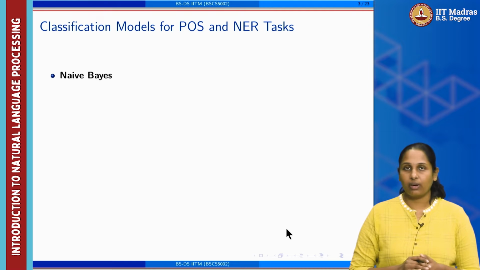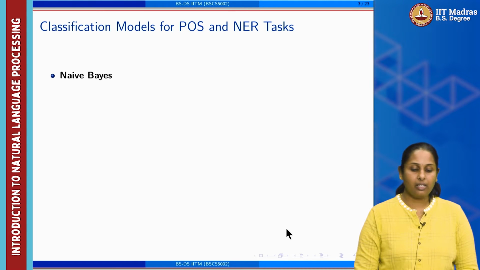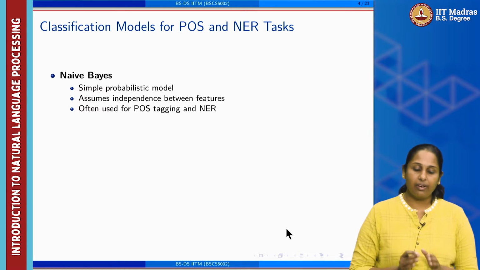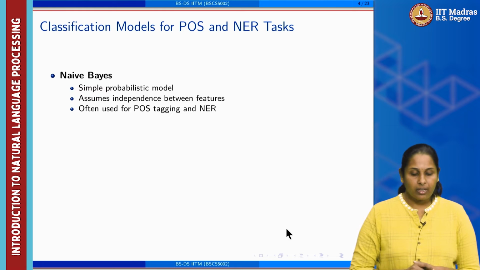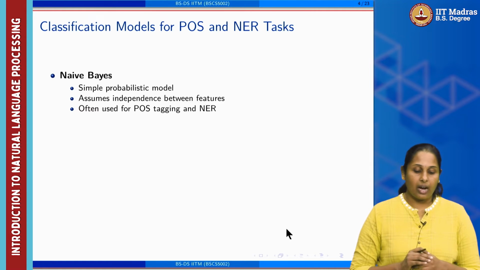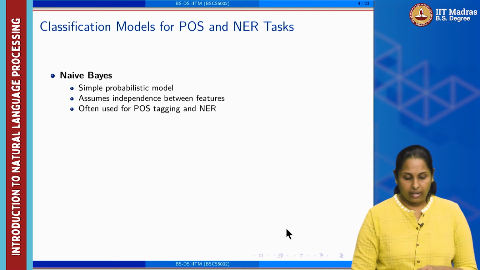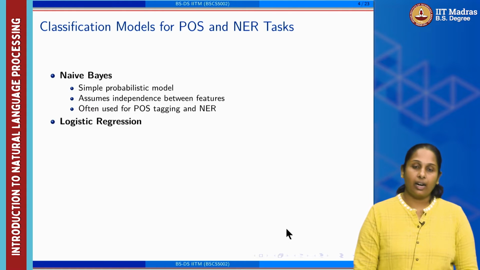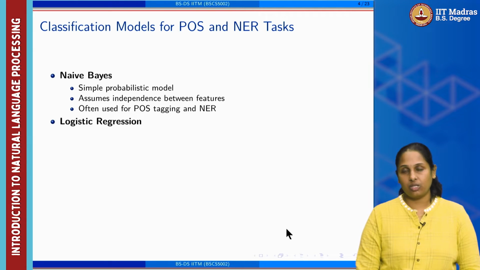In this section, we are going to see three important things. One is naive Bayes. It is a very simple probabilistic model that assumes independence between features, and it is often used for POS tagging and NER tasks. Another classification model is logistic regression.